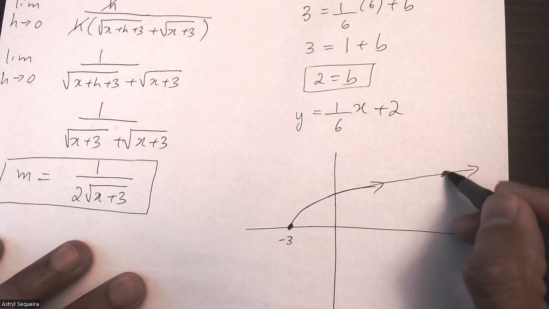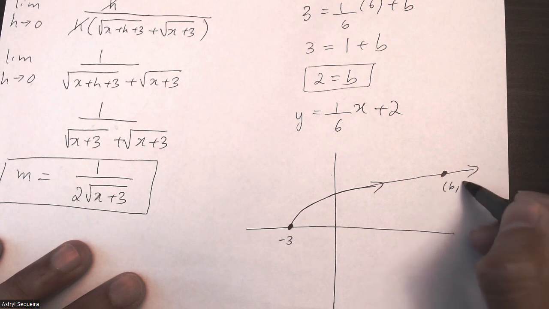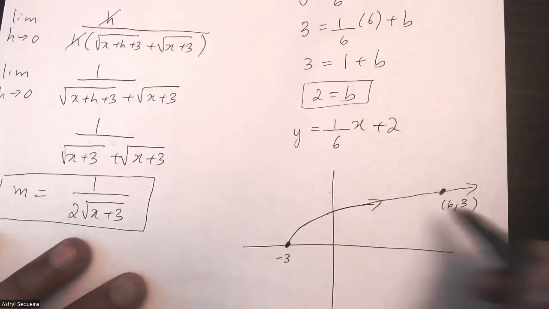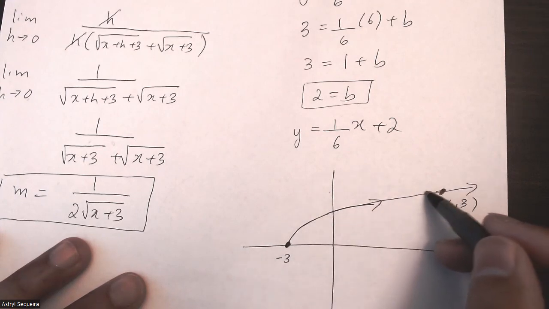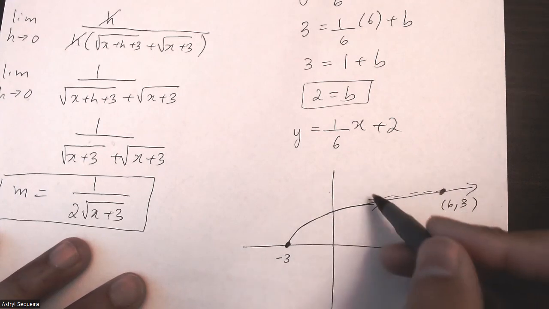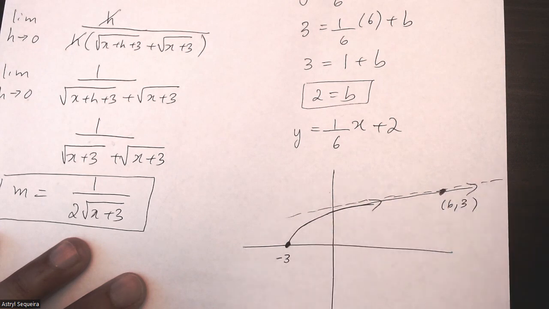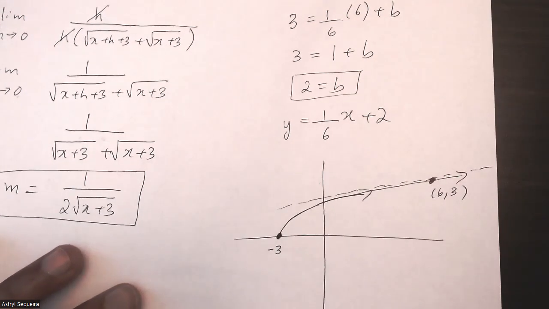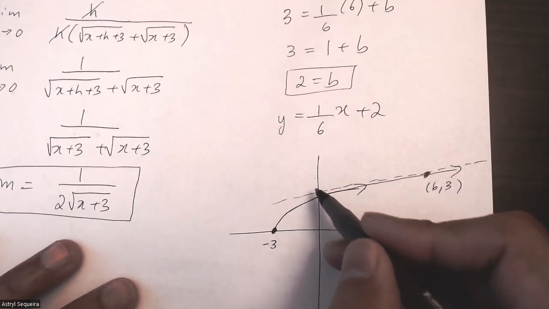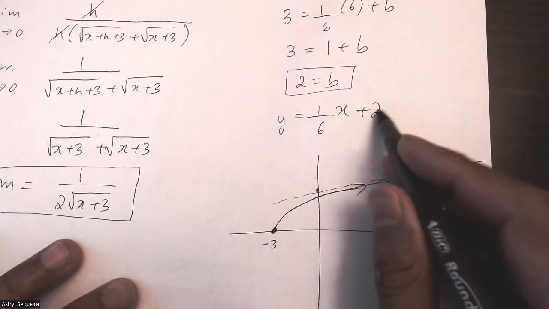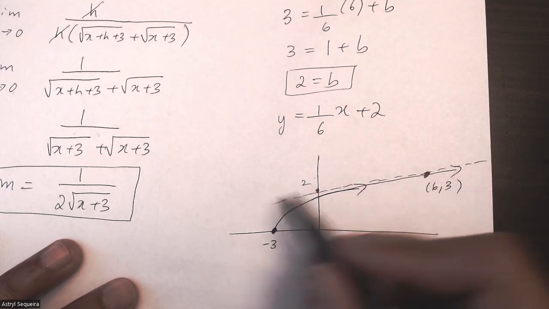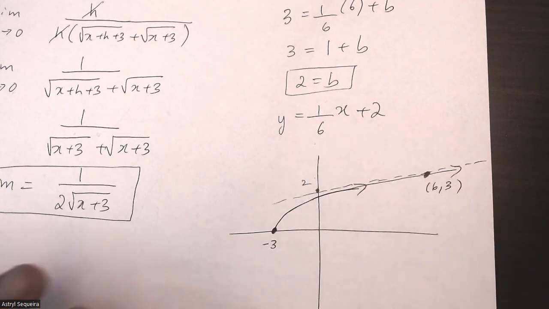Now we have this point over here that's (6, 3). And if we draw the tangent line to this, it looks like that. And the y-intercept over here is plus 2. And the slope of this line is 1 over 6.